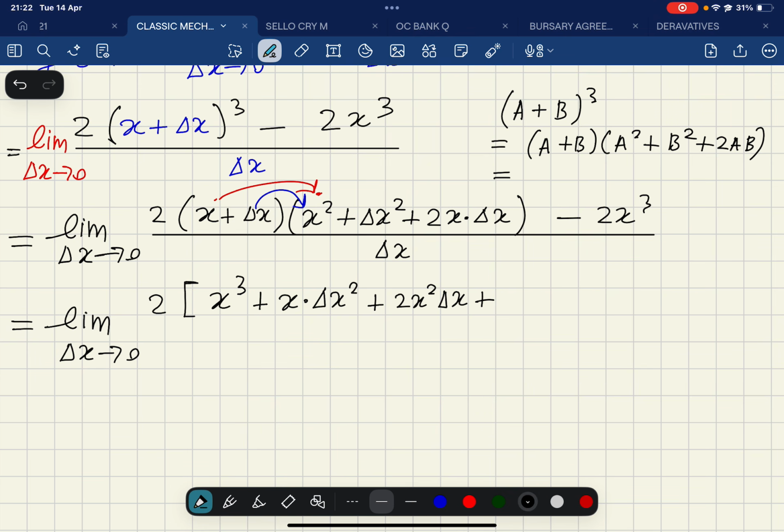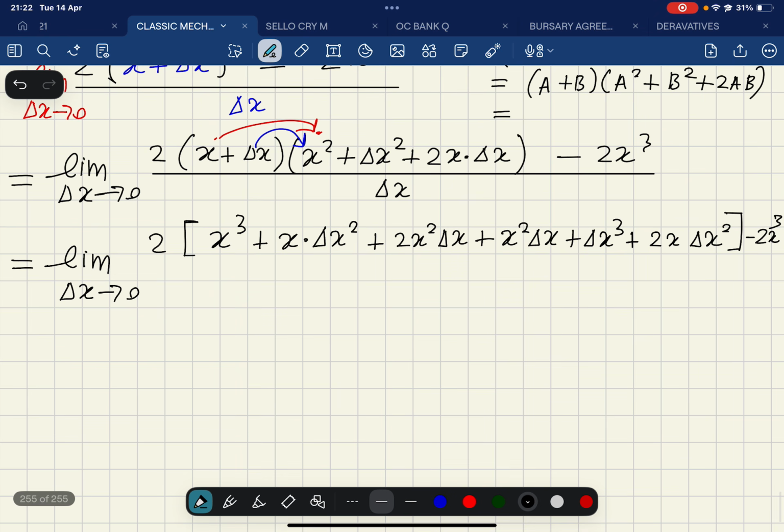So I will have plus x squared, the change in x. Then again I will have plus the change in x cubed. Then again I will have plus 2x, the change in x squared. I close the brackets, I say minus 2x cubed.